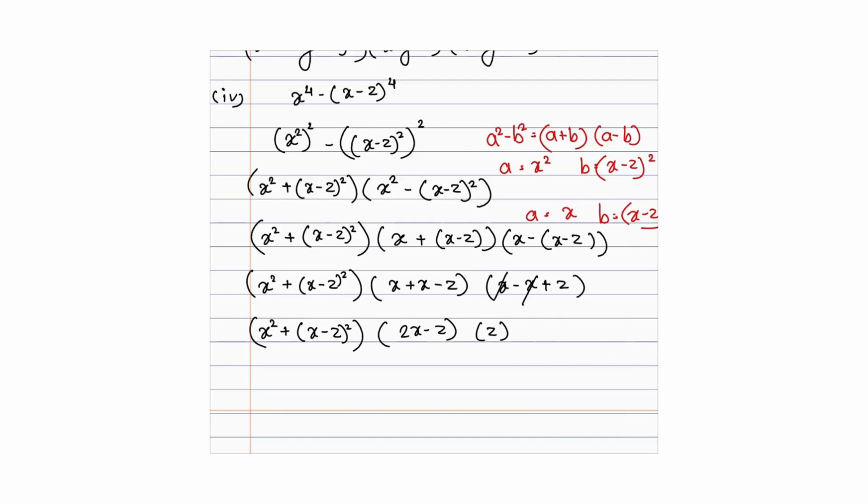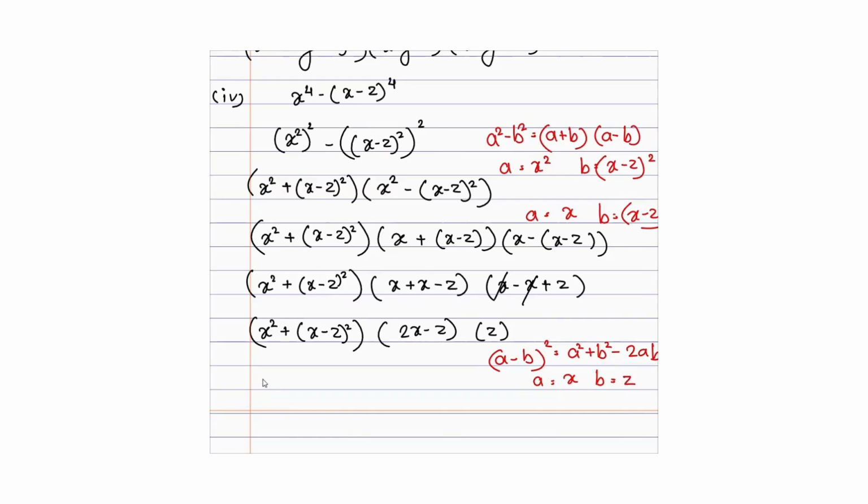Now the next thing we're going to do here is (x minus z) the whole square. Do you remember this formula, (a minus b) the whole square? The formula is a square plus b square minus 2ab. My a is x and my b is z.